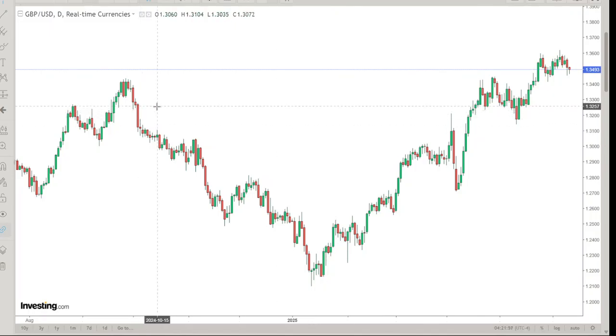So this is the cable. This is the daily chart, and I thought I'm gonna do an overview of the trading system that I use currently, and it's a 2-chart system. Whichever time frames are used depends on how much time I have to dispose towards the market.